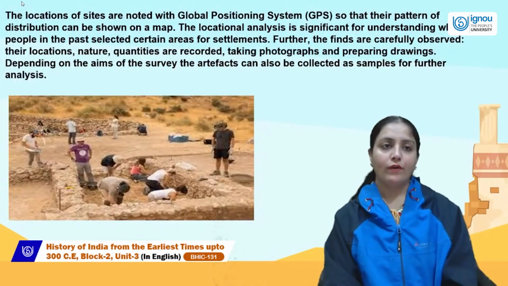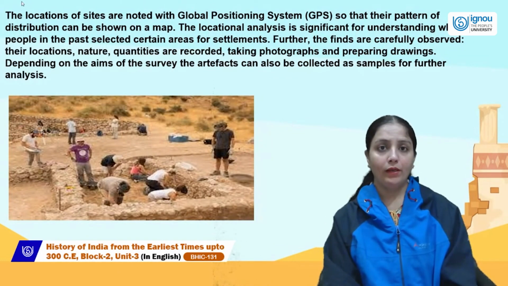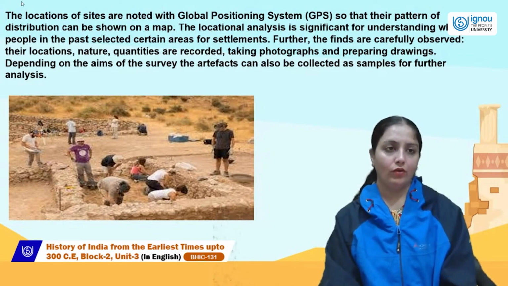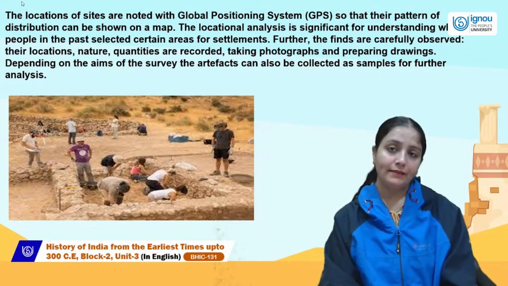The locations of sites are noted with the global positioning system, known as GPS, so that their pattern of distribution can be shown on a map. As you have seen in this picture, the locational analysis is significant for understanding why people in the past selected certain areas for settlements.